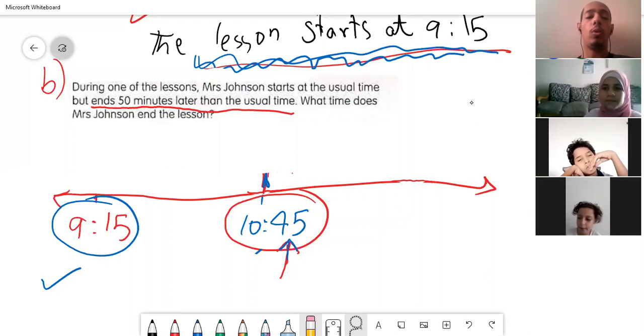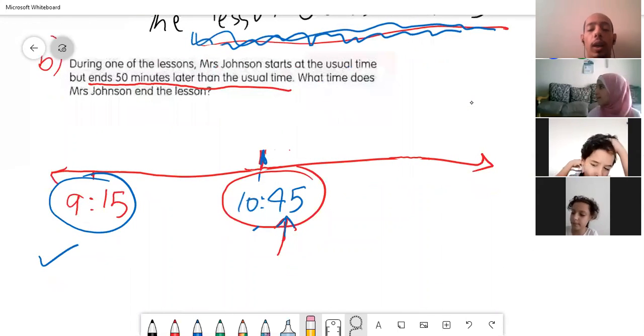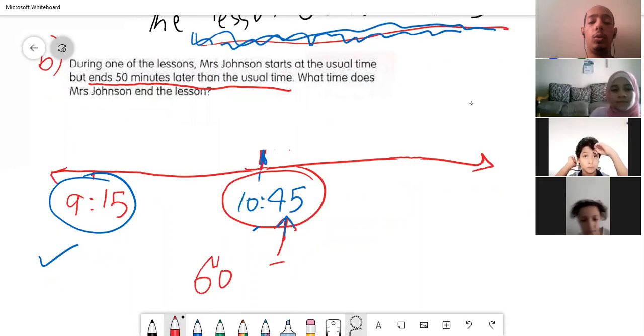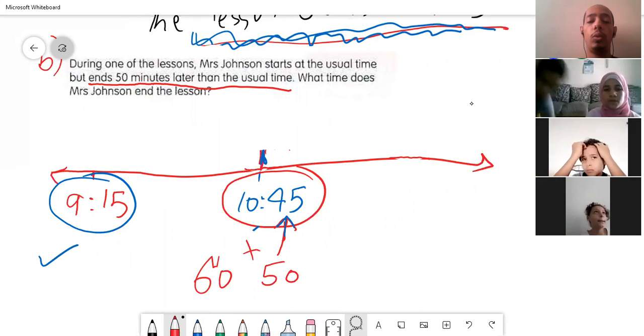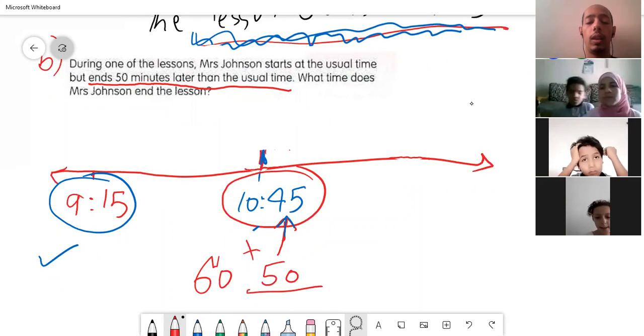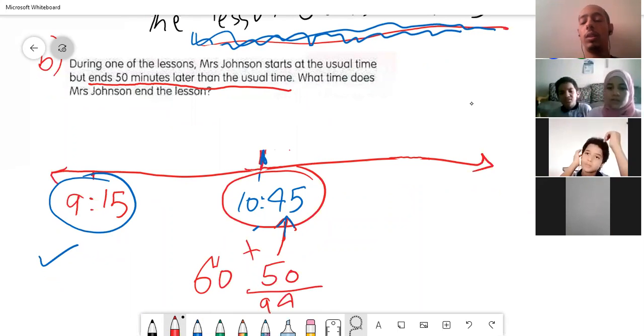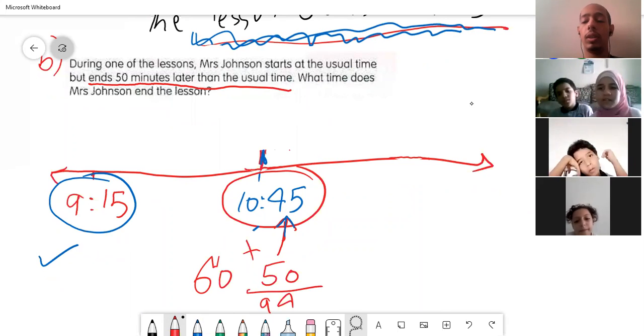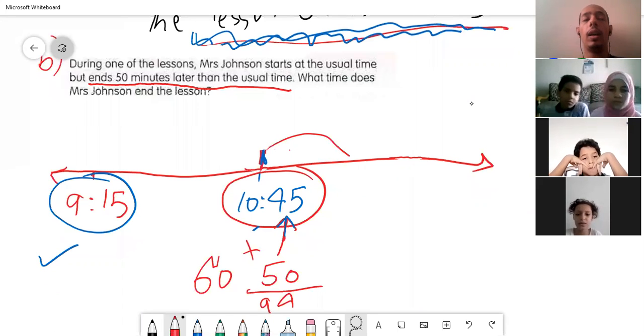Now, as I told you, we have only 60 minutes in 1 hour. If we add 50 minutes to the 45, we get 95. This is not correct for the minutes. So what we are going to do is reach the hour after 10.